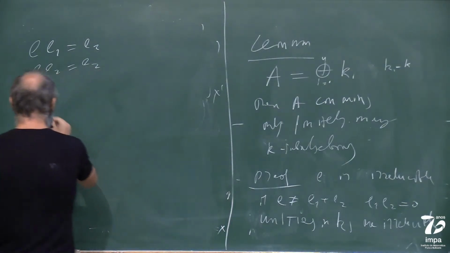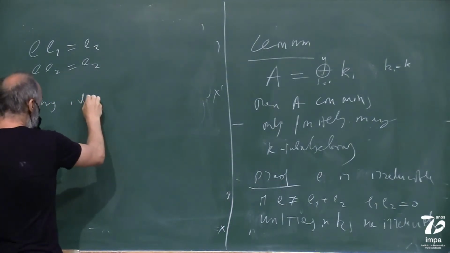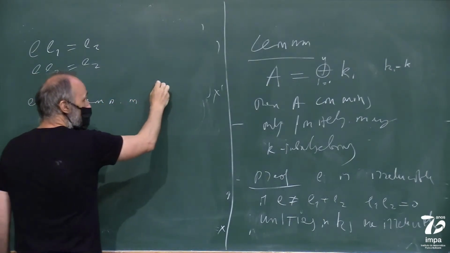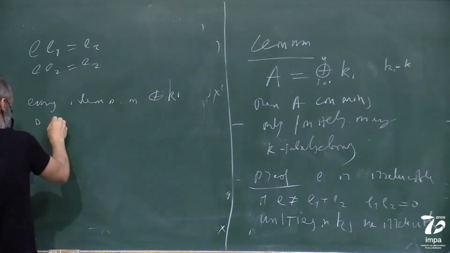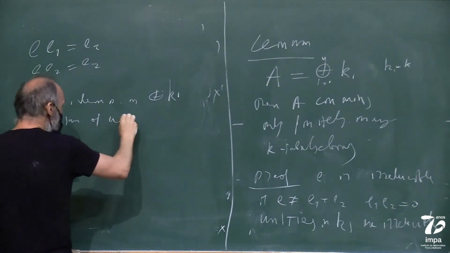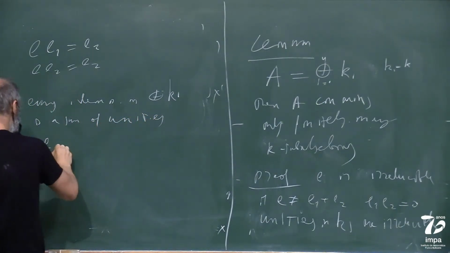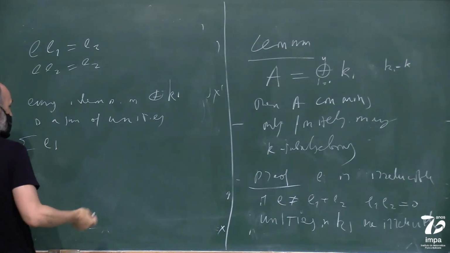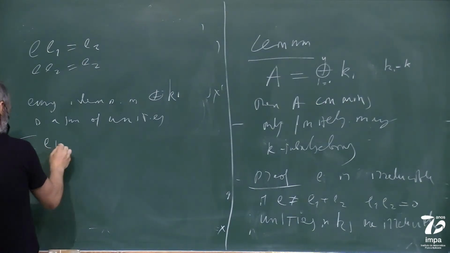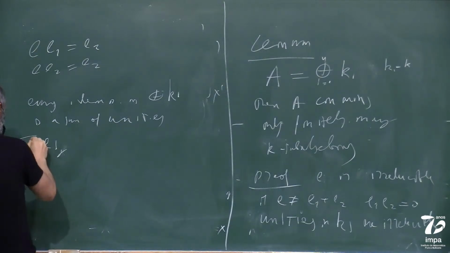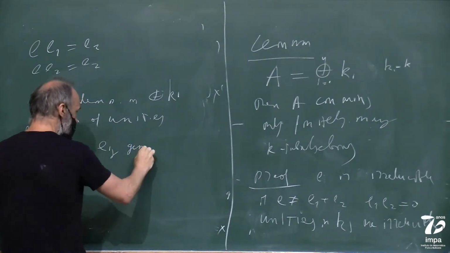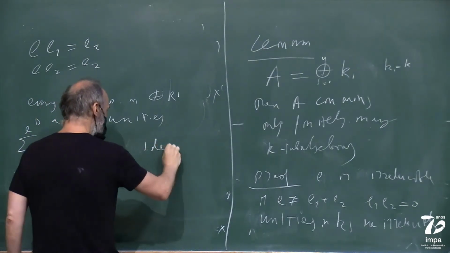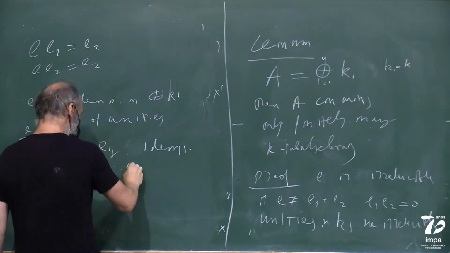So this means that every idempotent in this direct sum of K_i is a sum of unities e_i, just a sum of e_{i_j} from j equal to 1 to some number l, where the e_{i_j} are the idempotent generators in these fields K_i.